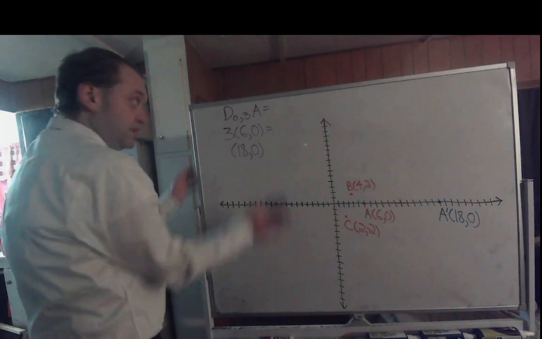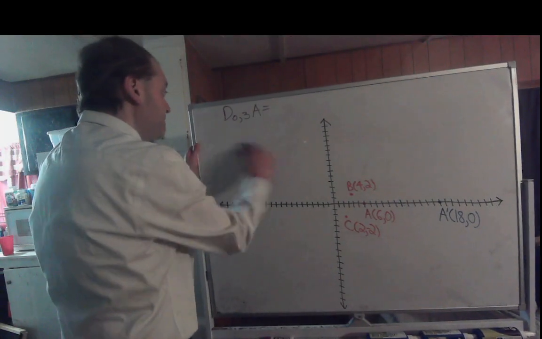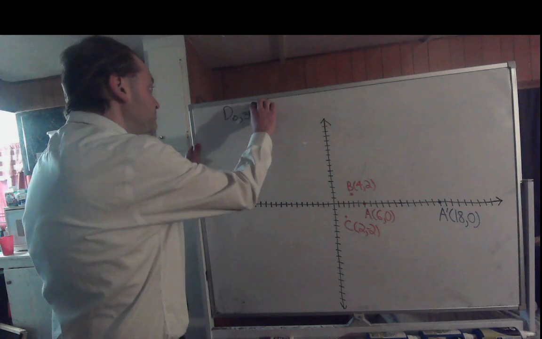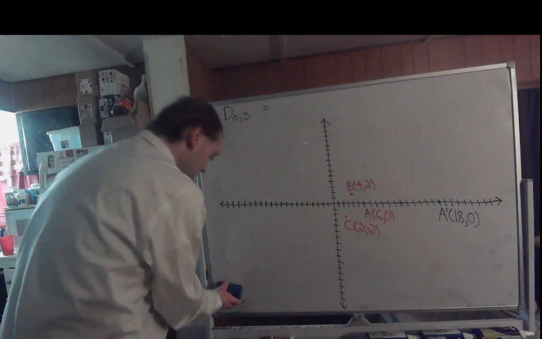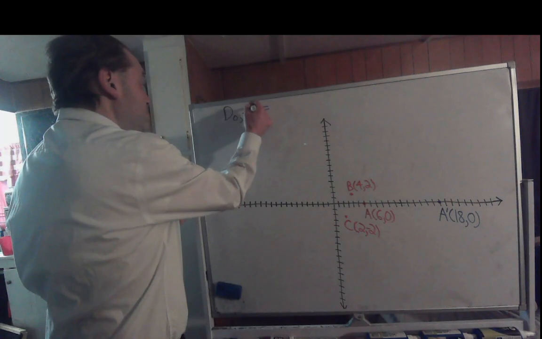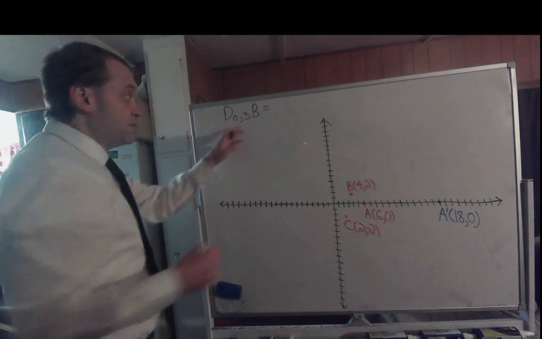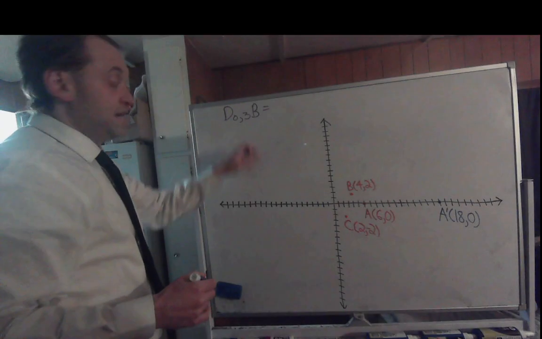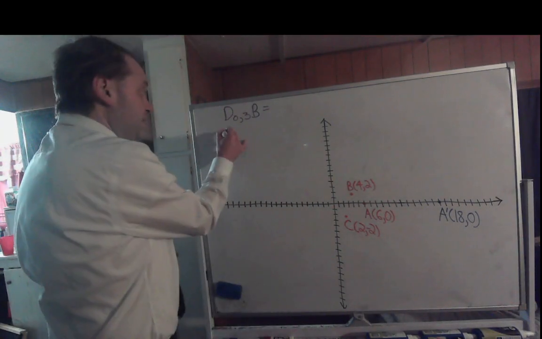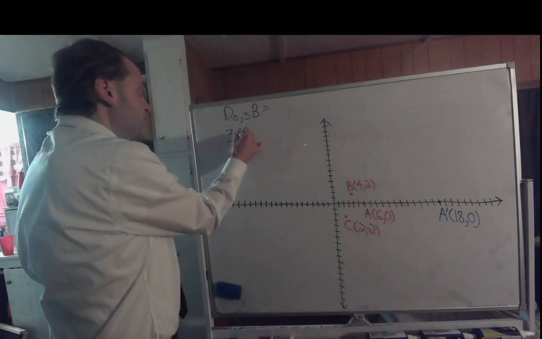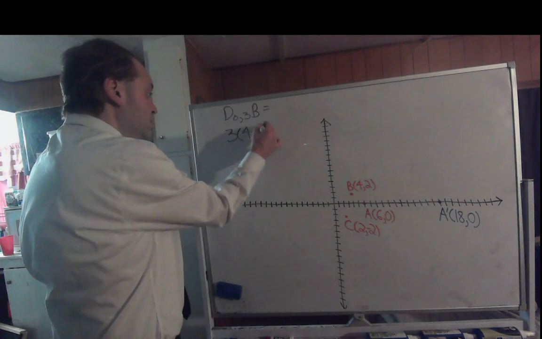Now let's go ahead and do the same thing to point B. So at point B, you still have a scale factor of 3. Take your coordinates for B, multiply it by that scale factor of 3. So 3 times 4, 2.